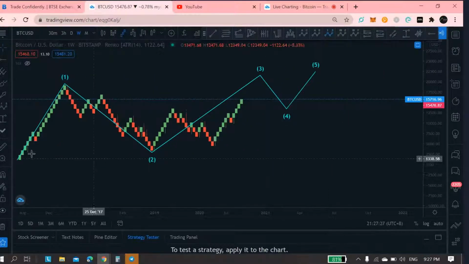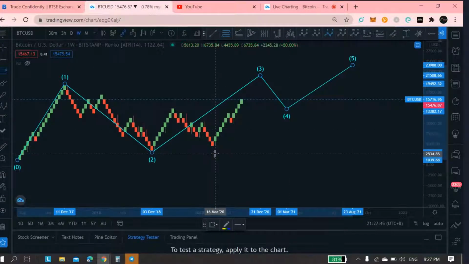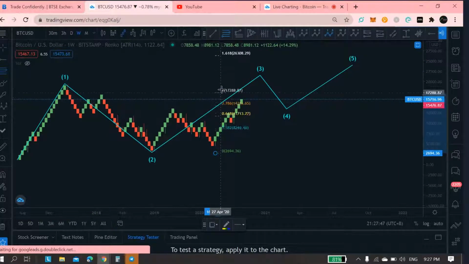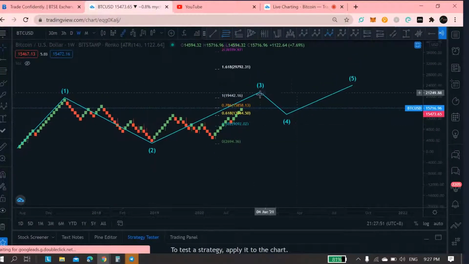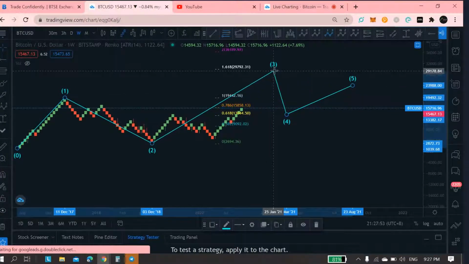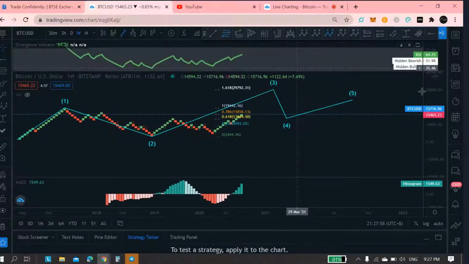Wave 2 should not go beyond wave 1. And wave 3 is the longest. Normally it extends 1.618 of wave 2. So 1.618 is this area around the 30, or close to 30,000.